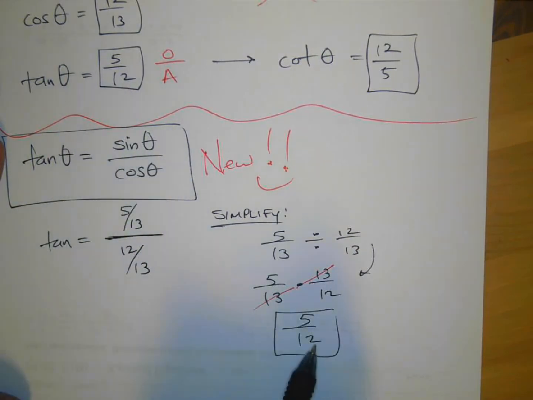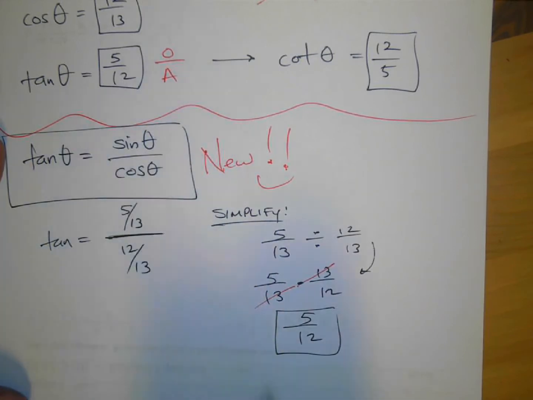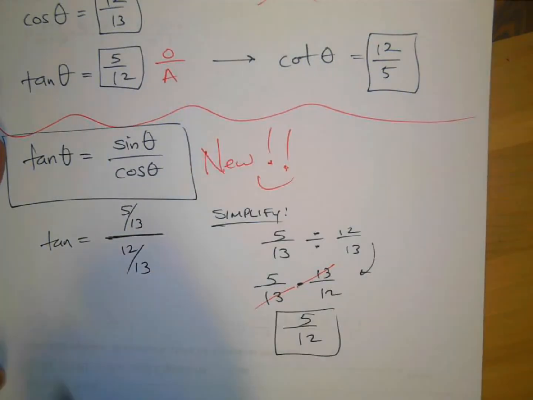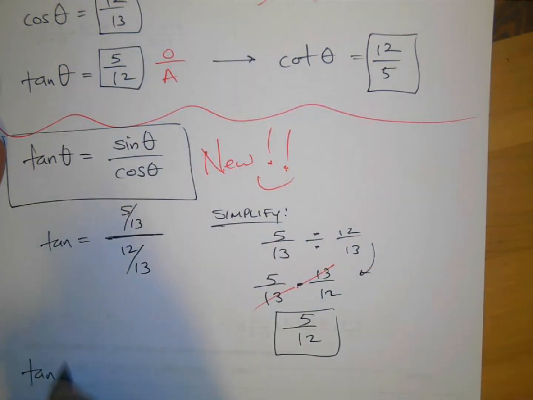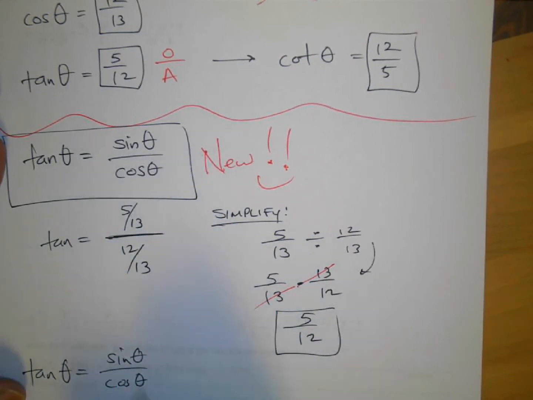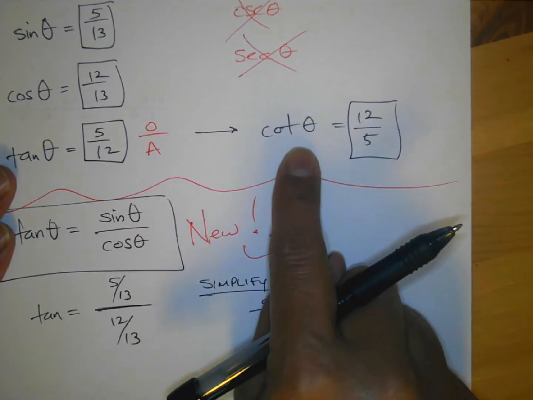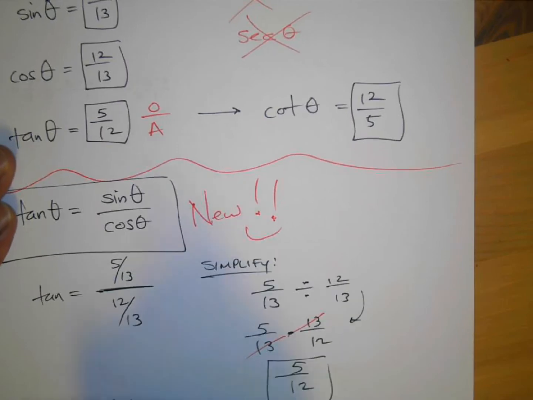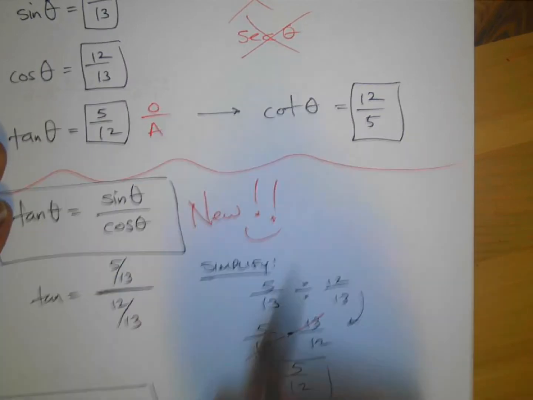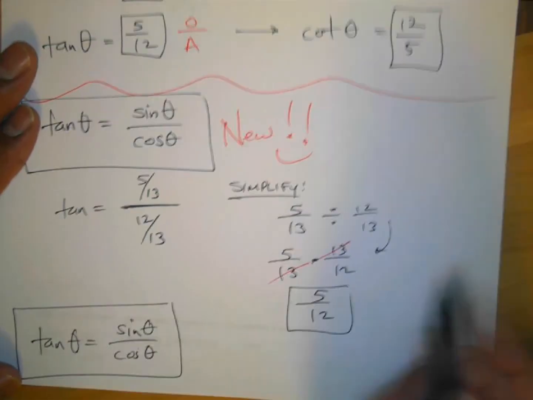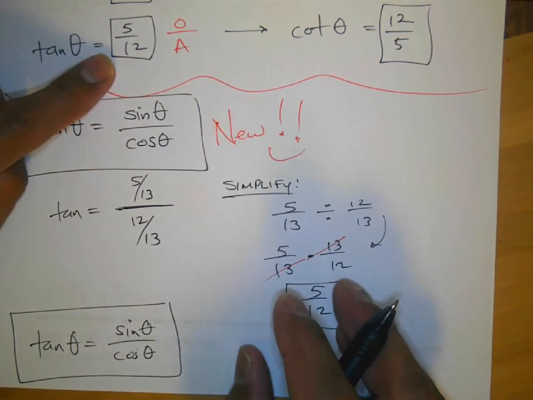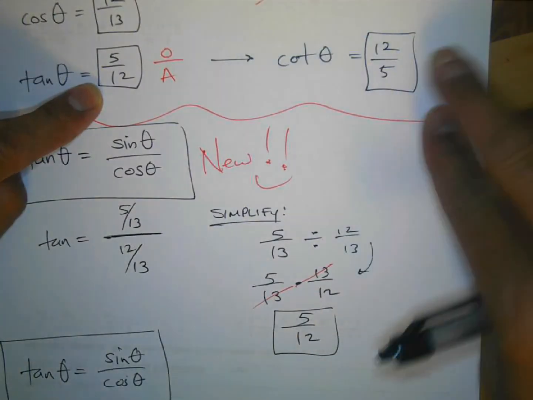It's 5 over 12. And if tangent is 5 over 12, which is sine over cosine, then if you know this one, remember how tangent and cotangent go together? Well, if it's true that tangent is sine over cosine, then you also know a new formula for cotangent, right? And remember, if I know tangent is 5 over 12, what do I have to do to get cotangent?